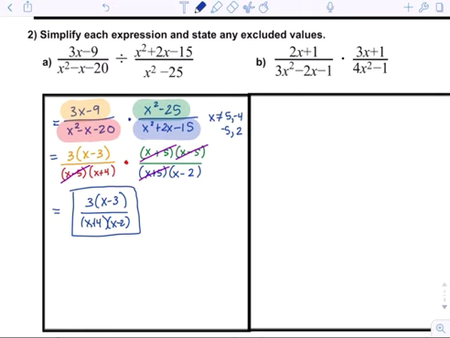Okay, so first we have to factor, right? So 2x plus 1 all over. Okay, this one right here, that could factor. So you know that's 3 and 1, and that's negative 1 and 1. So 3x, x.